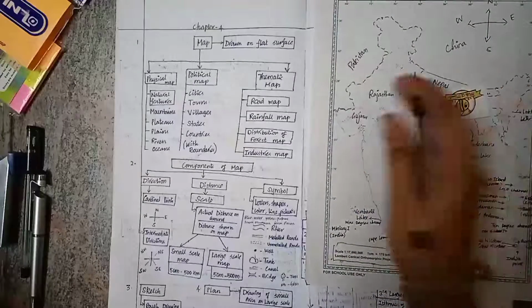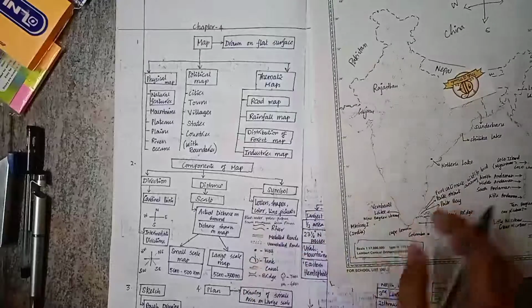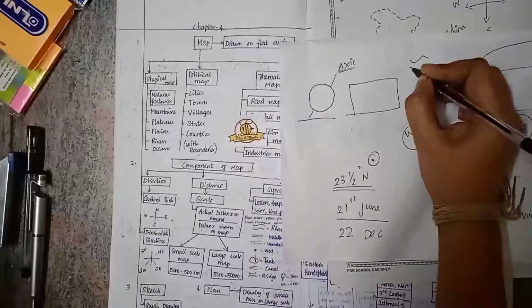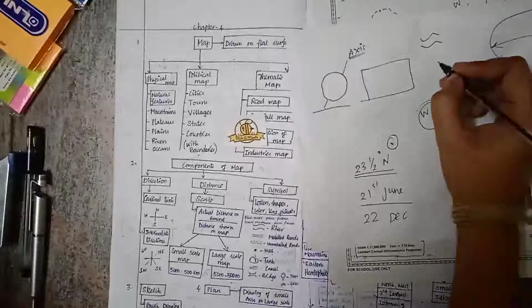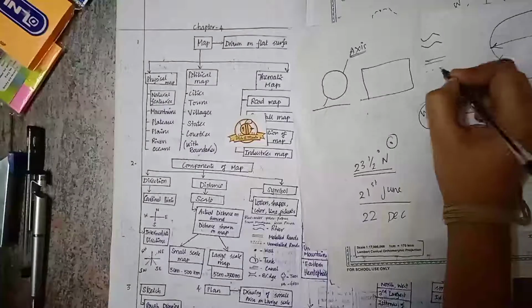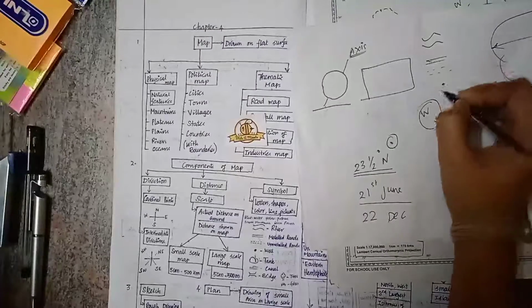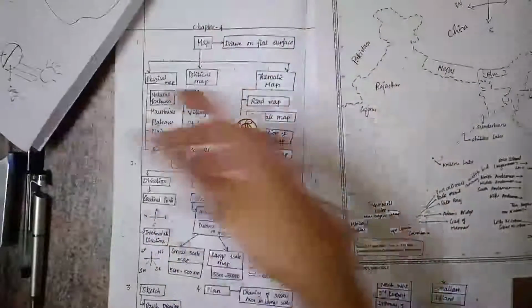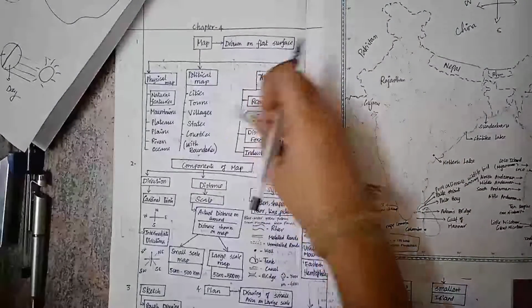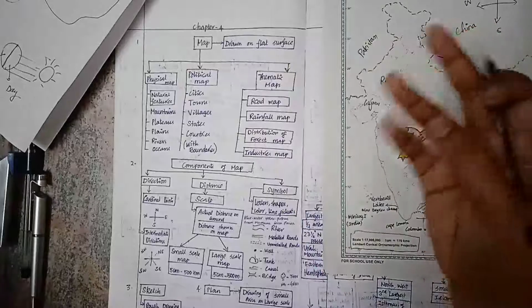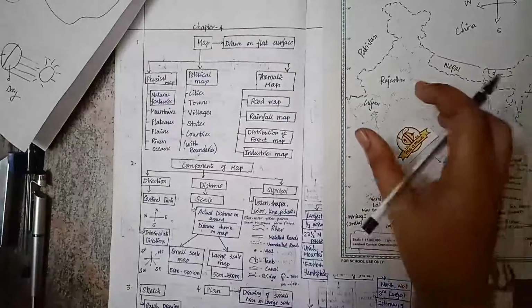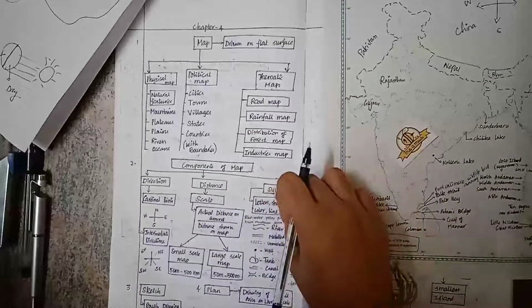We plot rivers, so the river will be marked in this manner. And then we have roads, and we have a well, a tank. Likewise we have symbols for each and everything. We have some colors, some pictures or letters or shapes for certain things, and these come under symbols.